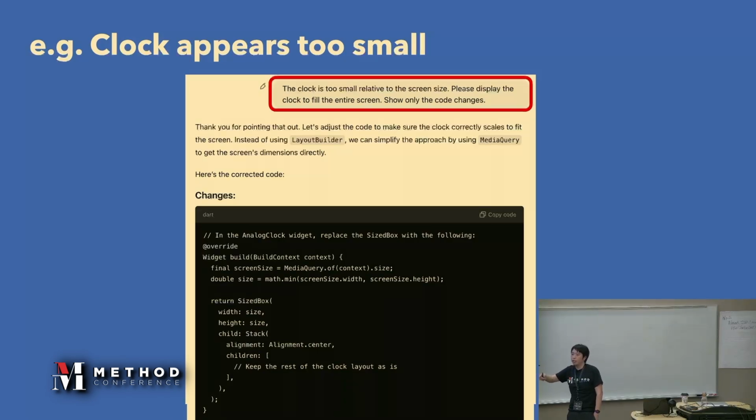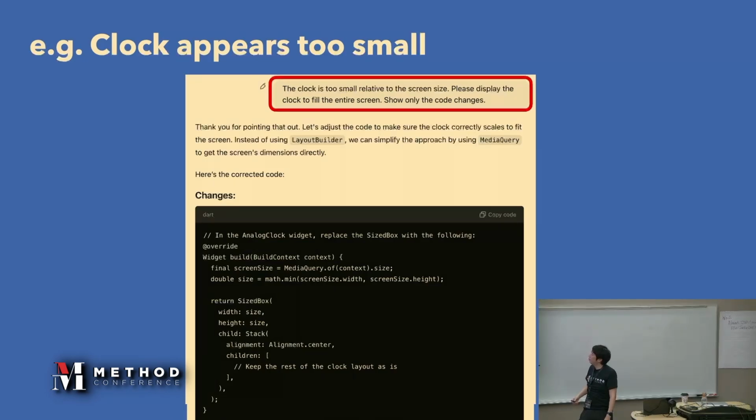Show only the code changes. It's a tip to utilize generative AI. If I remove "show only the code changes" from this prompt, generative AI would generate all of the source code again. So we have to wait for it to complete from line 1 to the end.